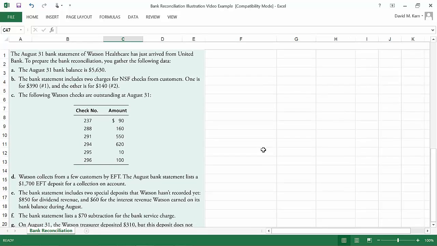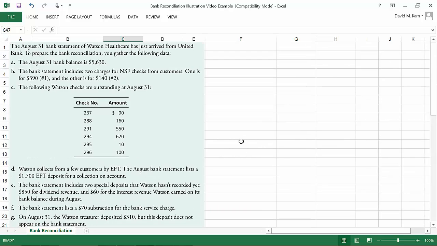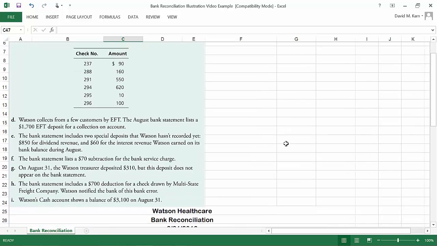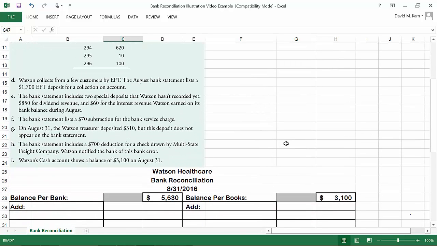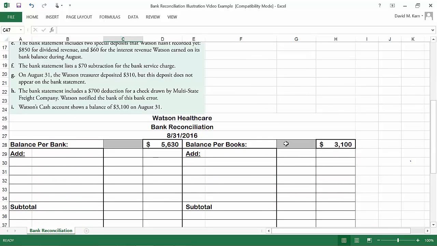Let's see what they do in letter D here. Watson collects from a few customers by EFT, or electronic funds transfer. The August bank statement lists a $1,700 electronic funds transfer deposit for a collection on account. Okay, so in this particular case, we've gotten money that Watson wasn't aware of until we got the bank statement.